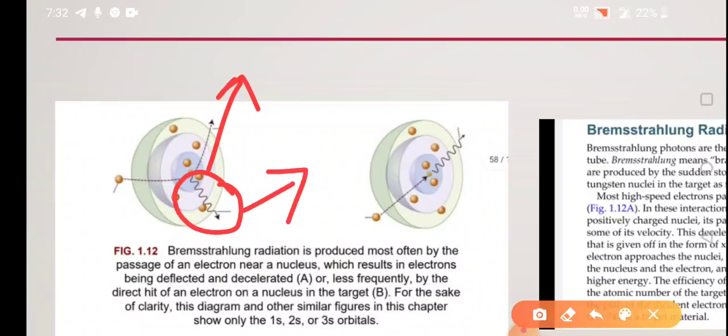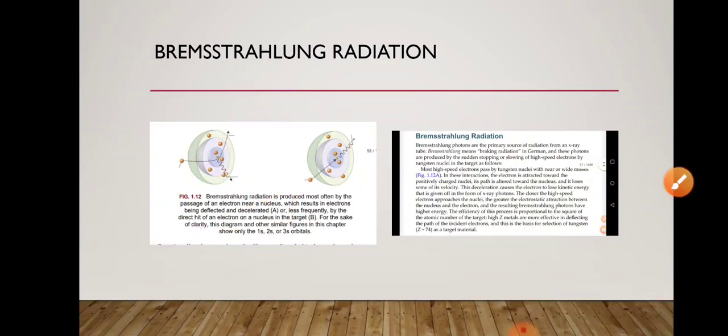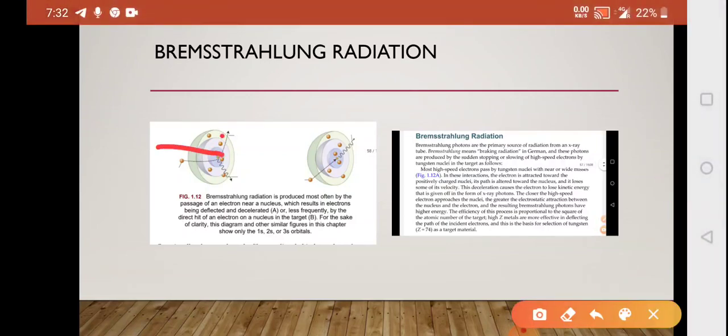So this is a characteristic X-ray that is produced like this, and whenever the electron gets attracted towards the nucleus, because the electron is negatively charged and the nucleus is positively charged, the more is the atomic number, that is the more protons present inside the nucleus, the more is the attraction, and it is going to come and hit the nucleus like this. And in this procedure it is going to release a photon or an X-ray.